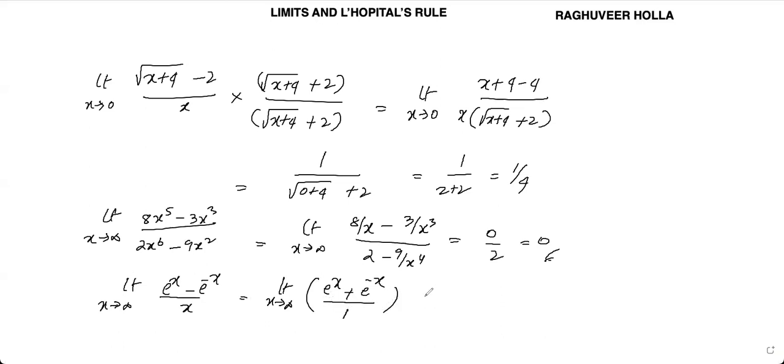Now, we substitute x as 0. So that will be 1 plus 1 divided by 1, that is 2.